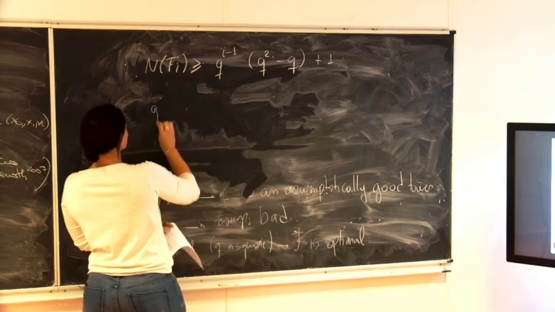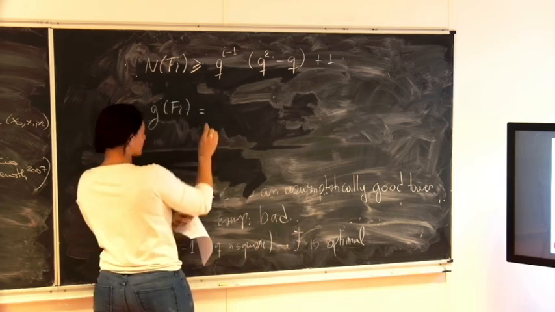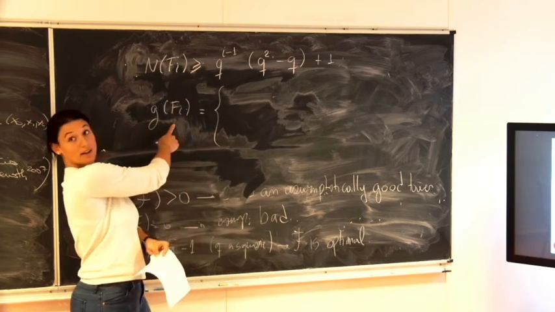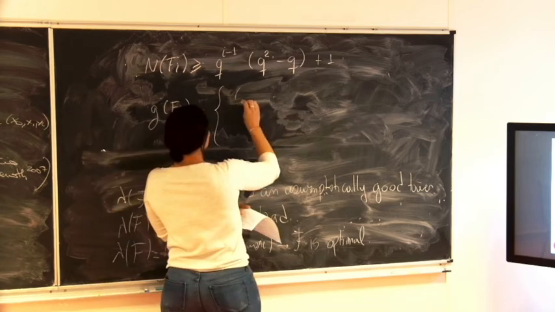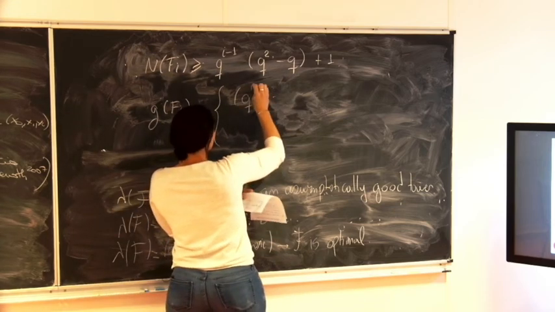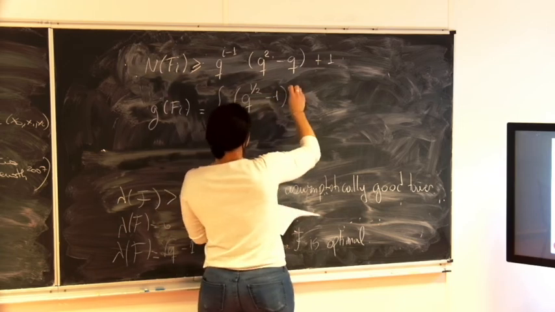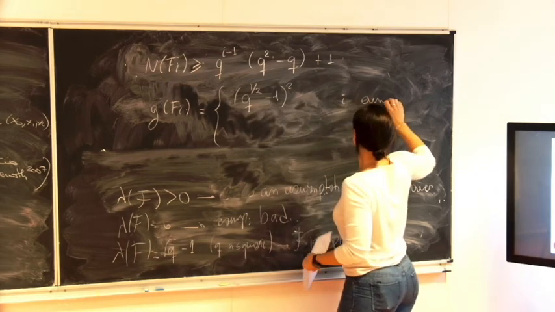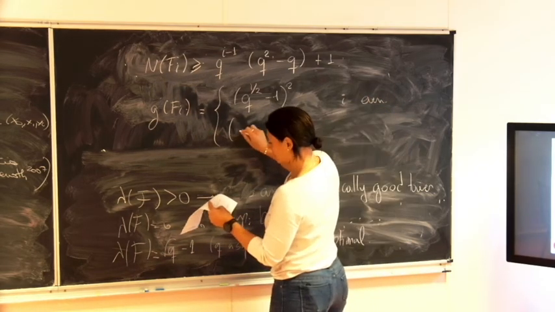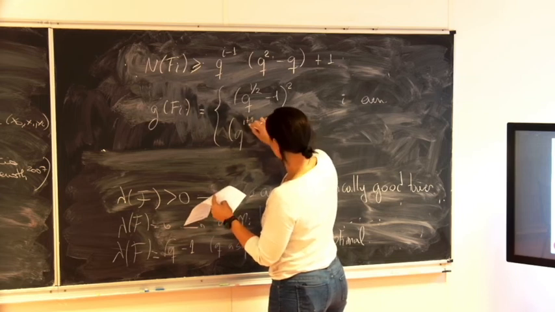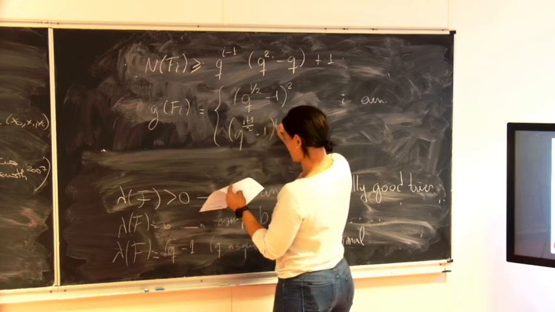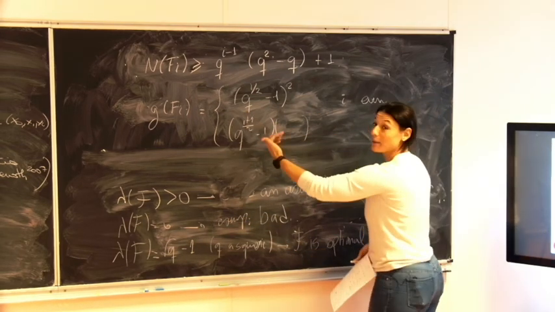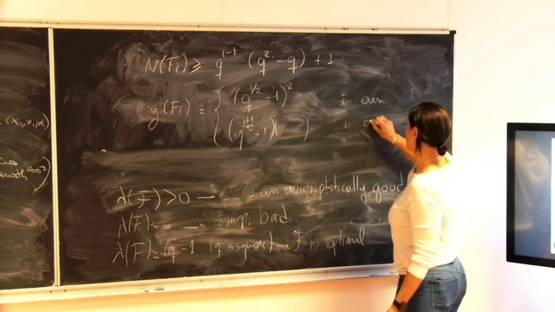Well, they also had the expression for the genus of each function field, which was q^(I/2) minus 1 squared if I'm on an even step, and q^((I+1)/2) minus 1, well, something else that depends on the step, if I'm on the odd case.